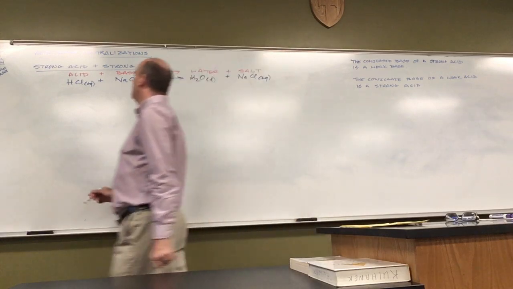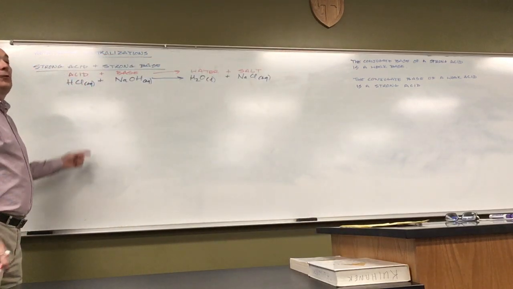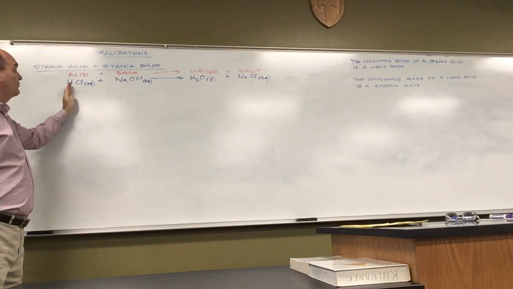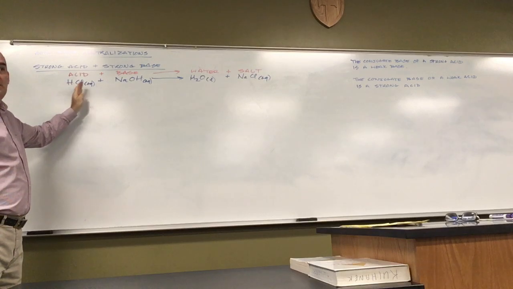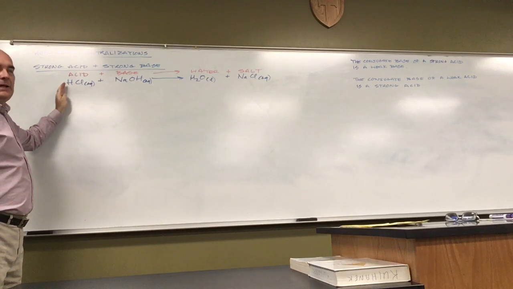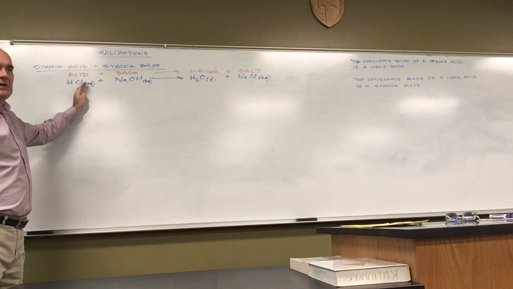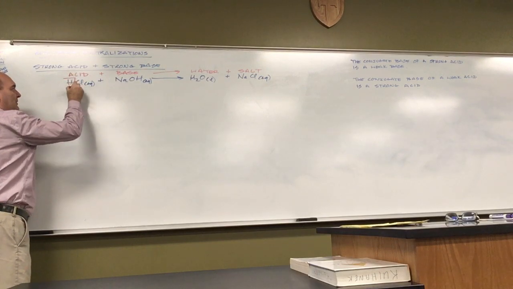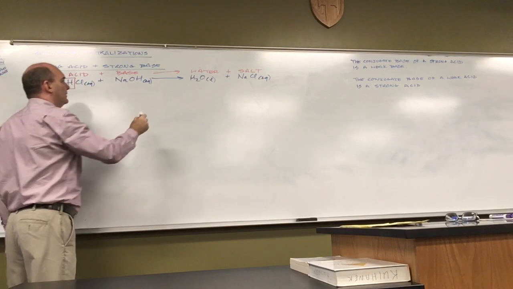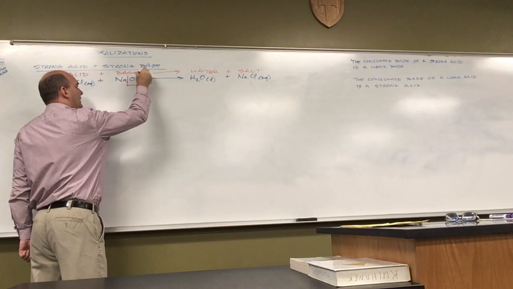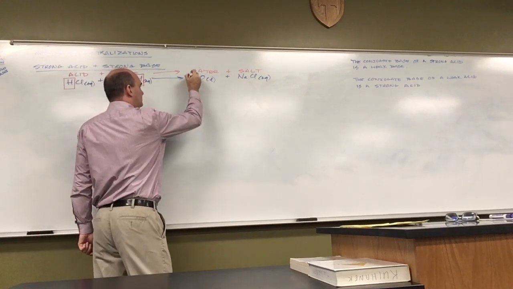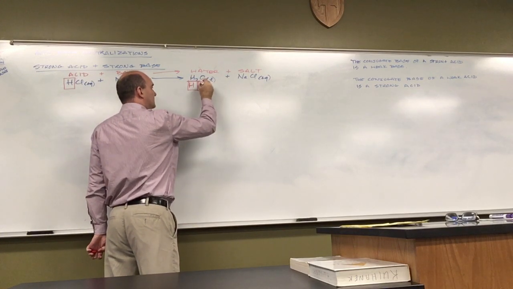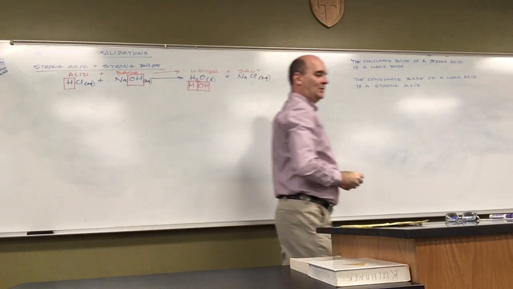And in a double displacement, knowing full well that whenever we write something ionic down, we always write the cation first, the anion second. The metal first, the non-metal second. In a double displacement, you take the front of the acid and you combine it with the rear of the base to make the first object.